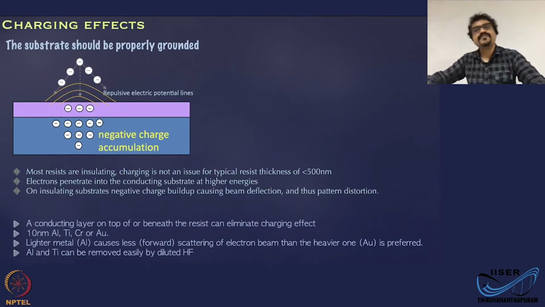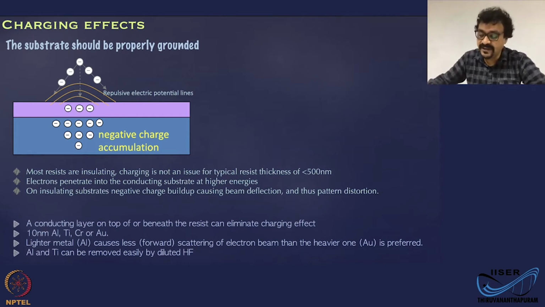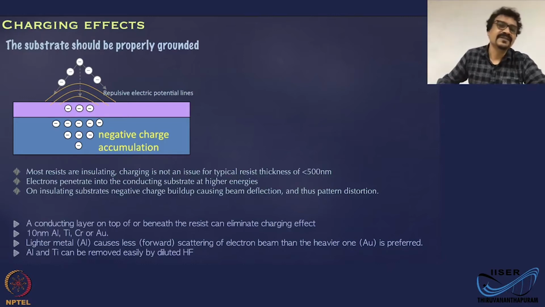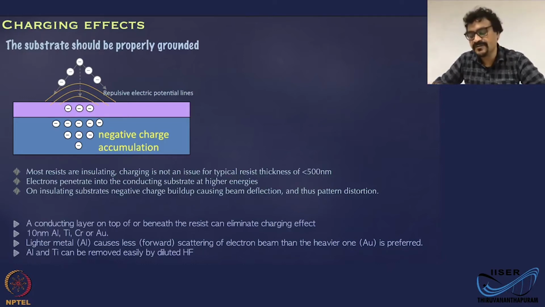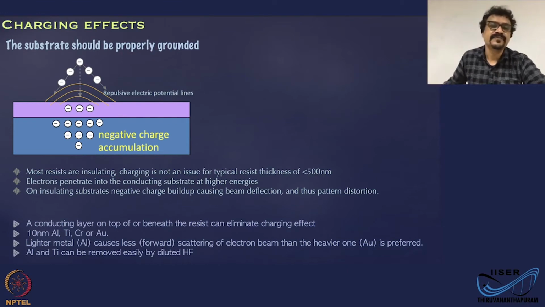There is an interesting contrast between photolithography and electron beam lithography. Photolithography uses photons, which are not charged particles, whereas electron beam lithography uses electrons, which are negatively charged. So photolithography doesn't really care about the polarity or the nature of the substrate.